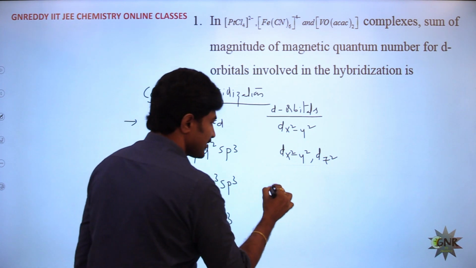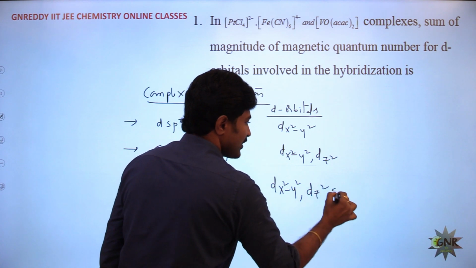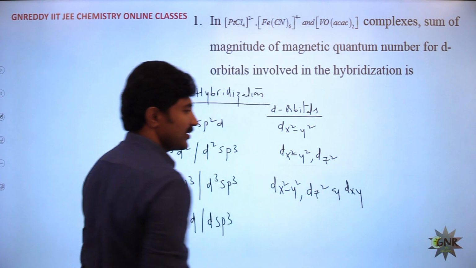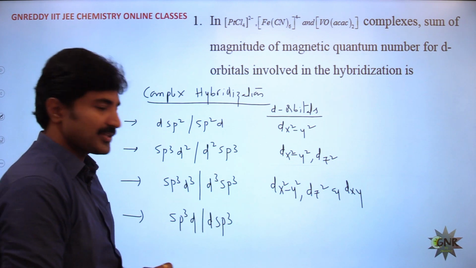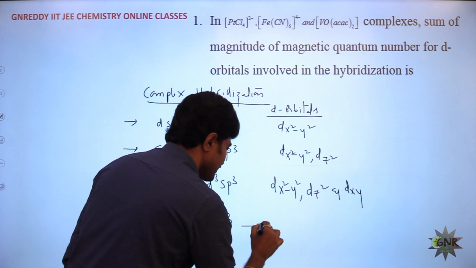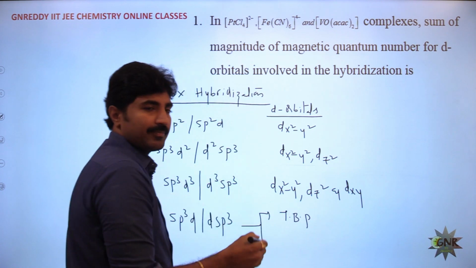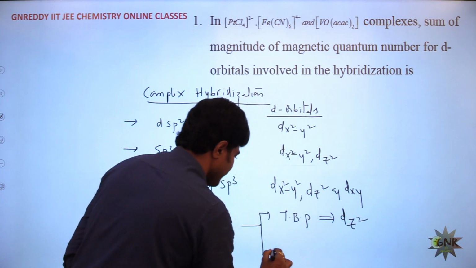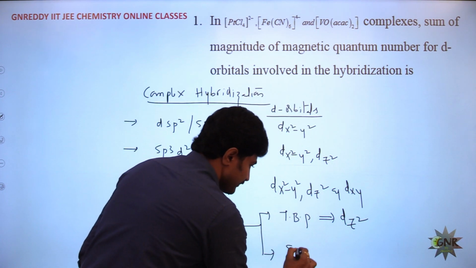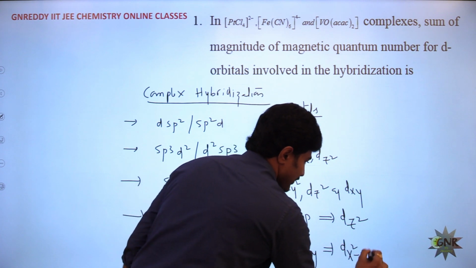And in sp3d3, dx square minus y square, dz square and dxy d orbitals will be participating. In sp3d, there are two possibilities. If it is a TBP, trigonal bipyramidal, it is the dz square orbital. If it is square pyramidal, it is dx square minus y square.